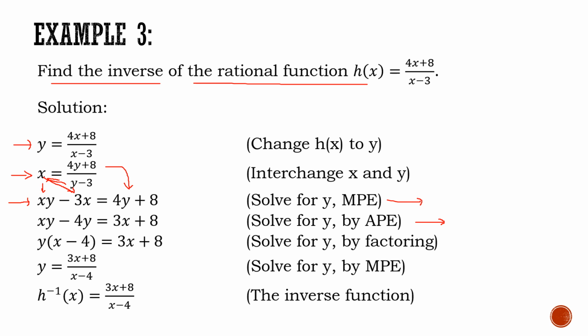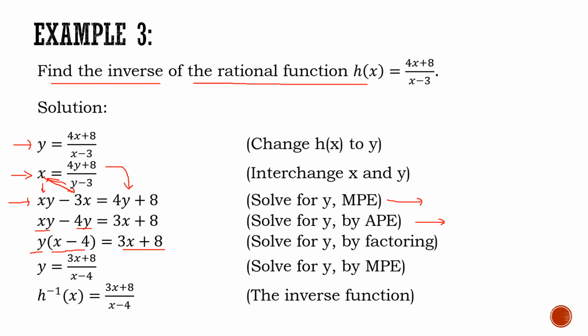Now we can factor out y, since the first term and the second term both involve the y variable. So y multiplied by x minus 4 is equal to 3x plus 8.